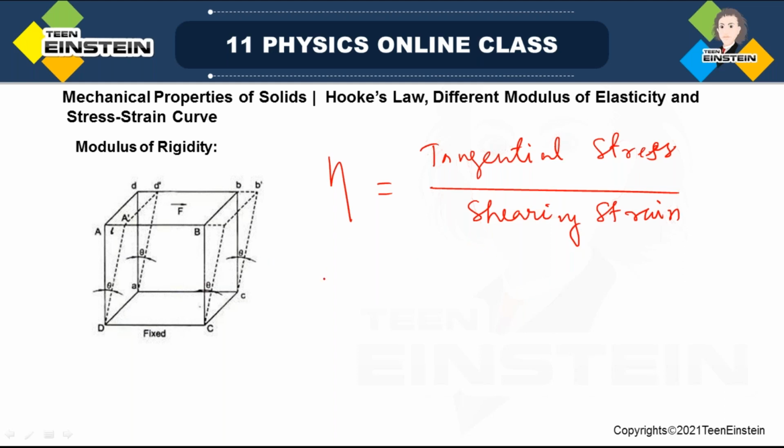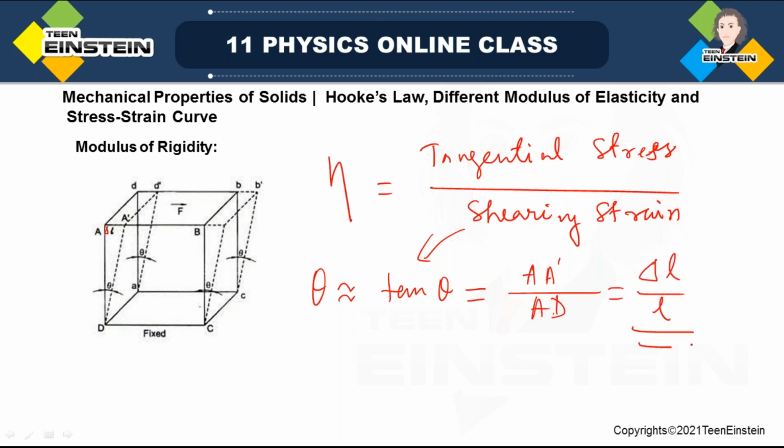So the shearing strain is given by theta, nearly equal to tan theta. This can be written as A prime, which is the change in the length, suppose it is given as delta L, divided by AD, and AD is L. So this is delta L by L. Okay, so this is the shearing strain.